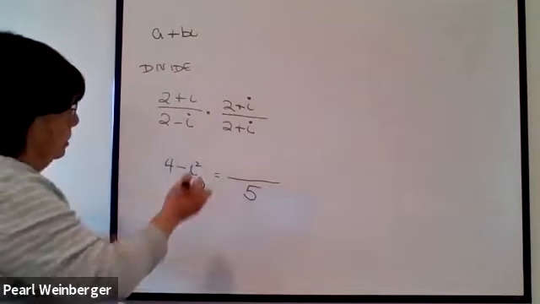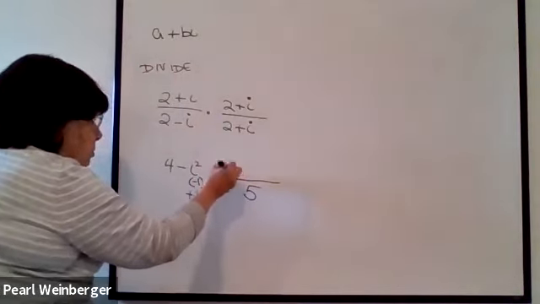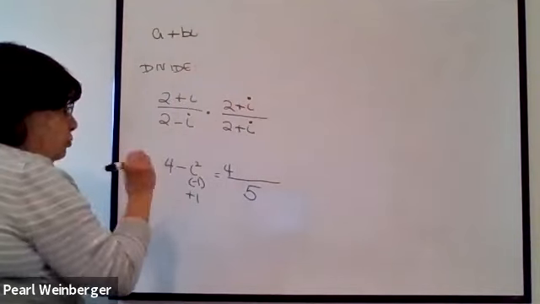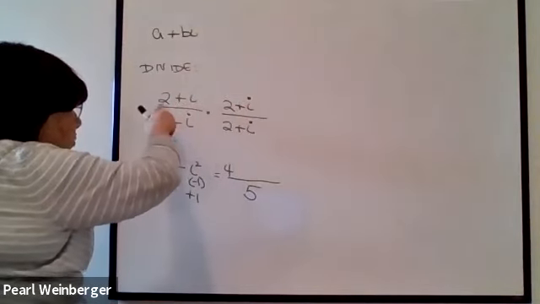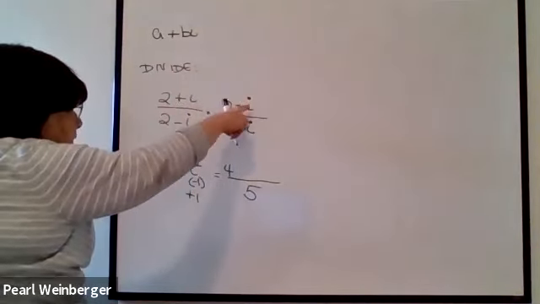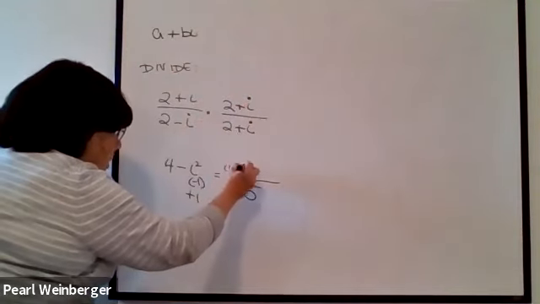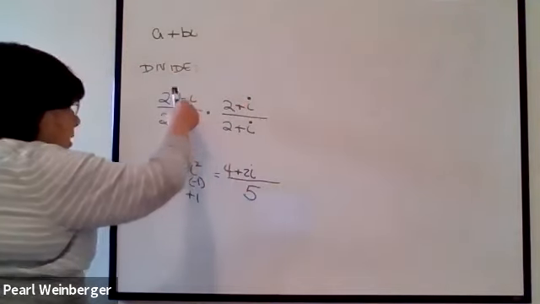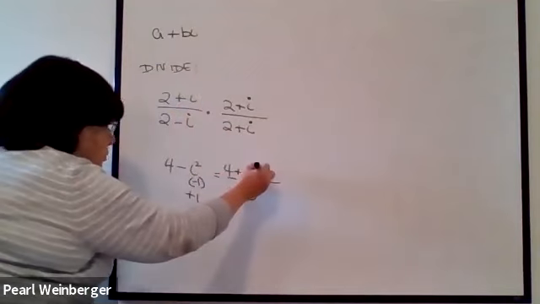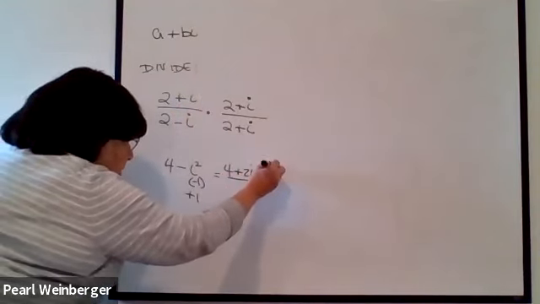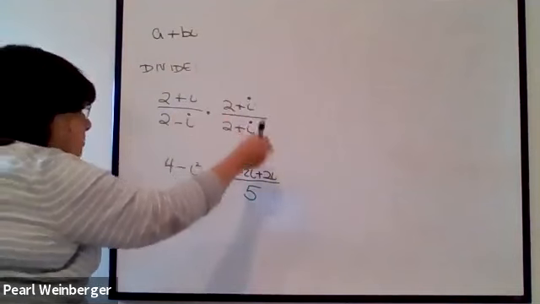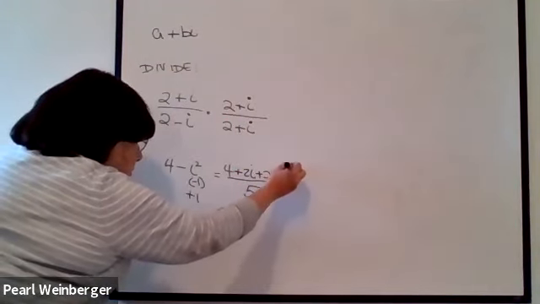2 times 2 is 4. Outer, I have to do this, and these are not conjugates, so I have to do the whole FOIL. 2 times i is 2i. Inner, i times 2, which is another 2i. And last, i times i, which is i squared.